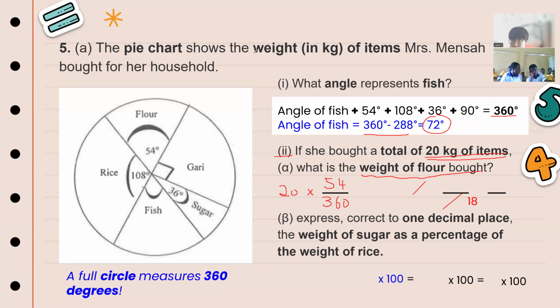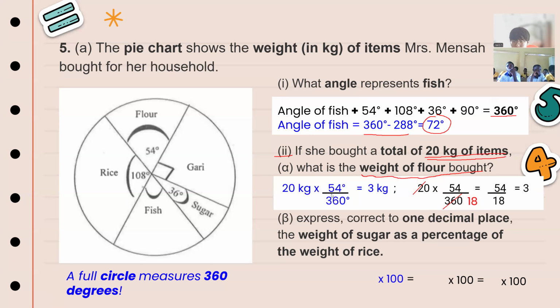Yeah, sure. So I can show you parts of the process. We had 20 times 54 over 360, and we get 3 kilograms.